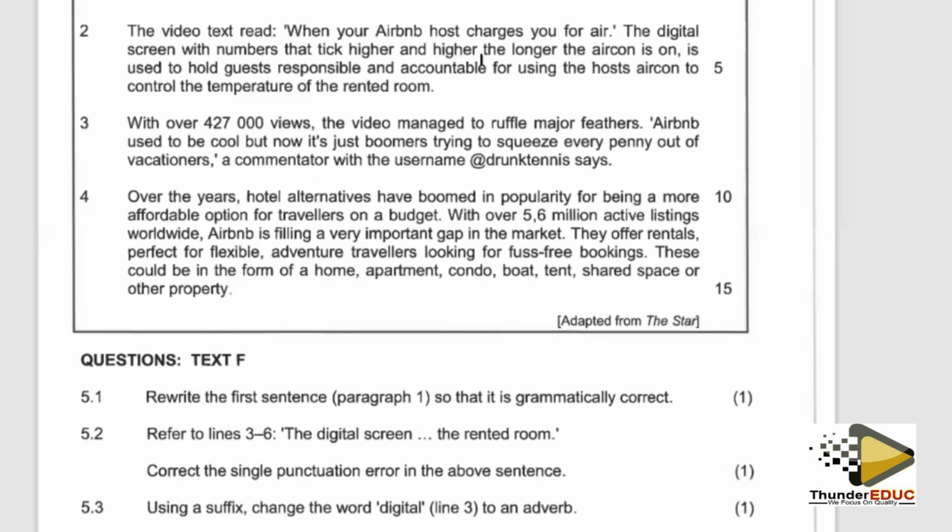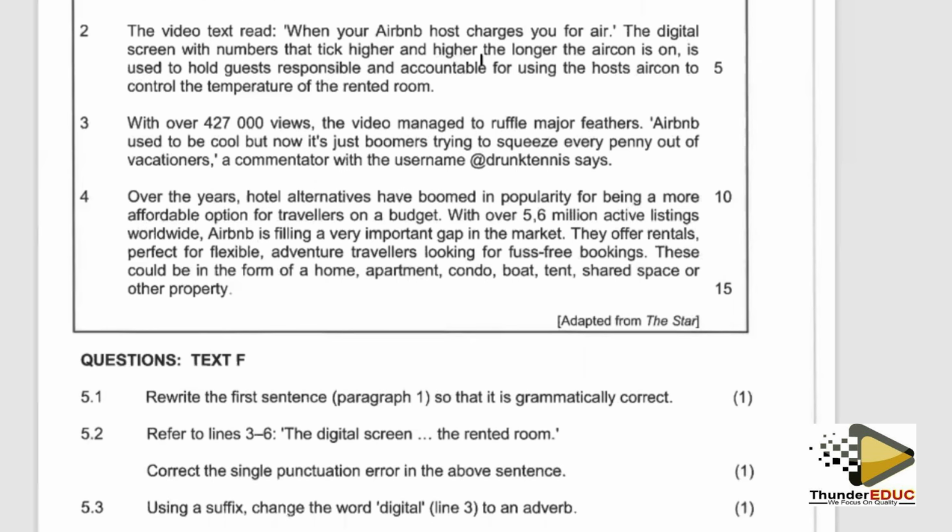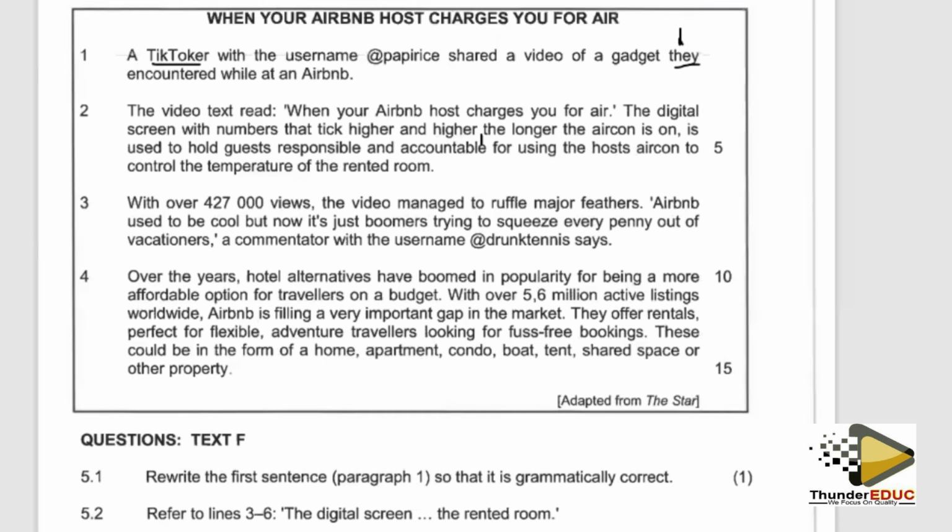Use a suffix, change the word digital to an adverb. Let's go back to line 3. Line 3 said, the digital screen. Yes, the video text read, when Airbnb host charges you for air, the digital screen with numbers that tick higher and higher. You have to use a suffix and change the word digital. Remember our prefixes and suffixes.